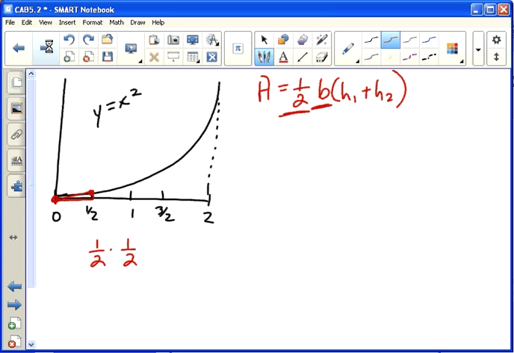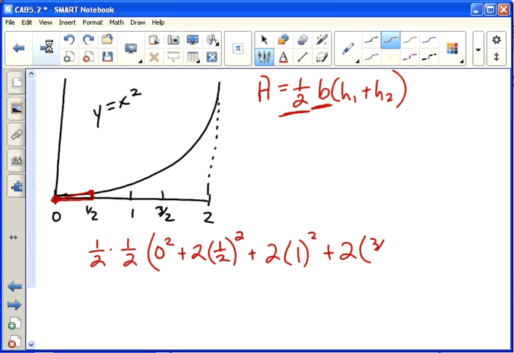So we get height 1, which we plug 0 in there, so 0 squared, plus 2 times the second height, 1/2 squared, plus 2 times 1 squared, plus 2 times 3/2 squared, plus 2 squared. Because I use the first one and the last one just one time, and I use the middle 3 twice.